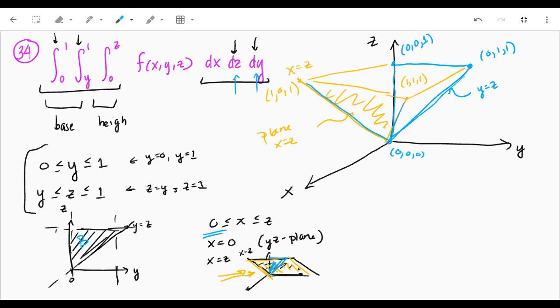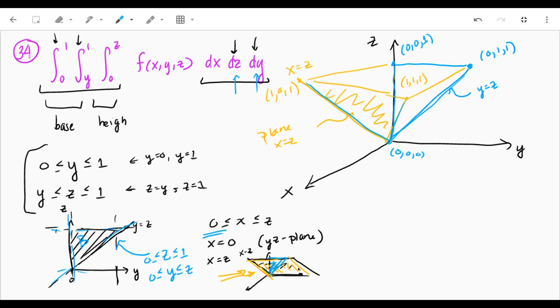So going back to this drawing here, how about if we make Z be between 0 and 1? Okay, so your Z is between 0 and 1, and then Y is between 0 and Z. Y equals 0 and Y equals Z.